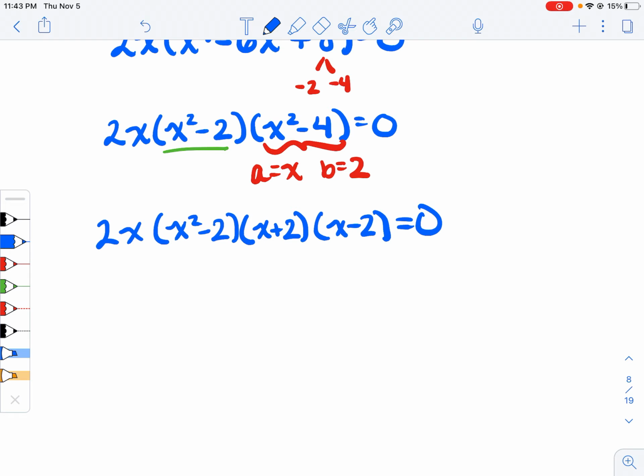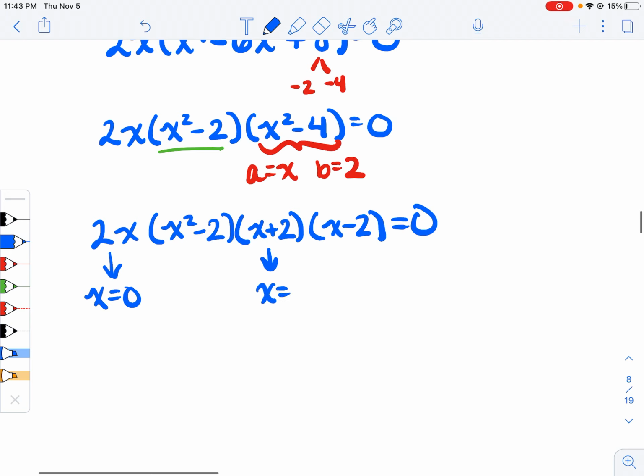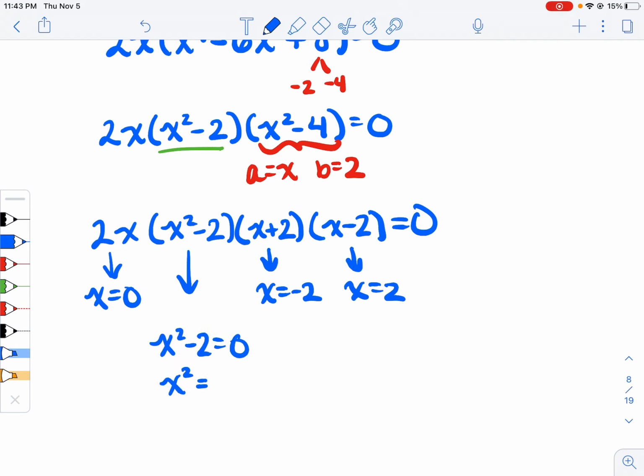Alright, so hopefully you can see that we're going to have an x equal to 0 from this one. We'll have x equal to negative 2, and we'll have an x equal to positive 2. Really the only mathy stuff we have to do is this guy right here. So this one would be x squared minus 2 equals 0, so you'd have x squared equals 2, so you'd have x equals plus or minus the square root of 2.